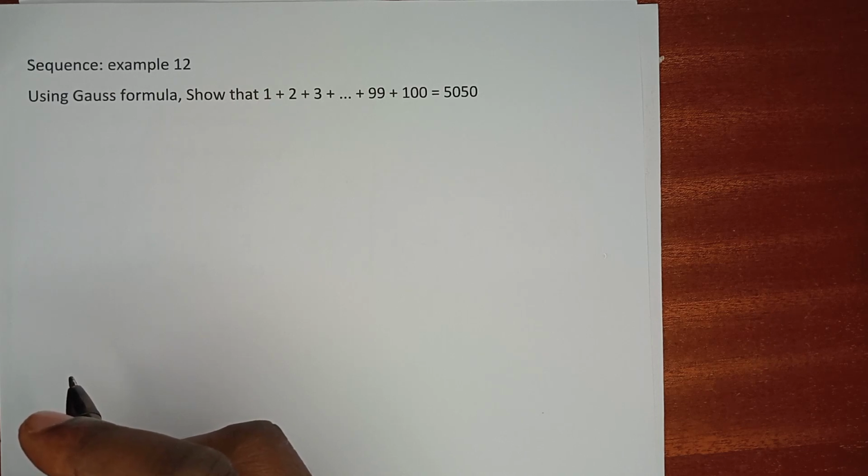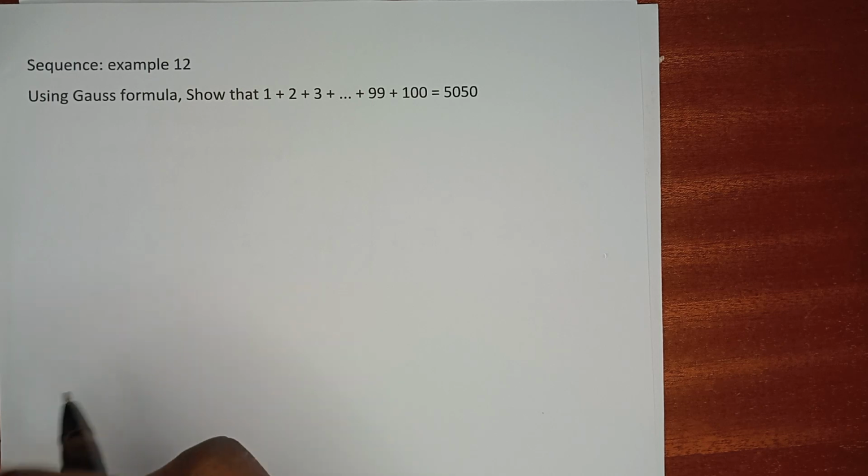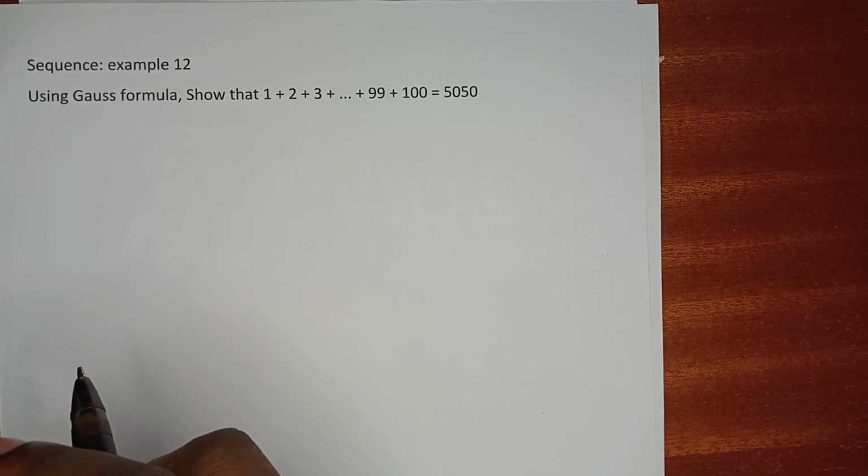Because when we start with 1, 2, 3, all the way to 100, then we have 100 terms. Find the sum of, and of course, you are supposed to show that this equals 5050.